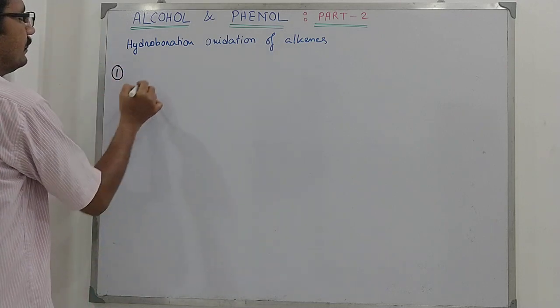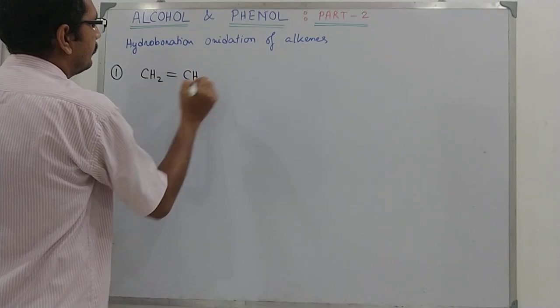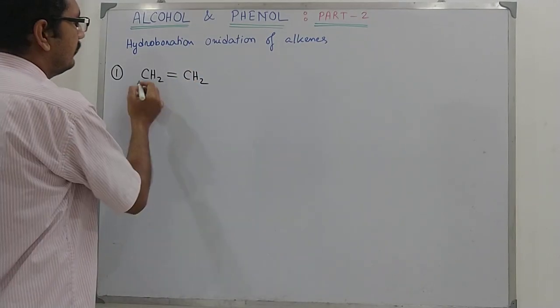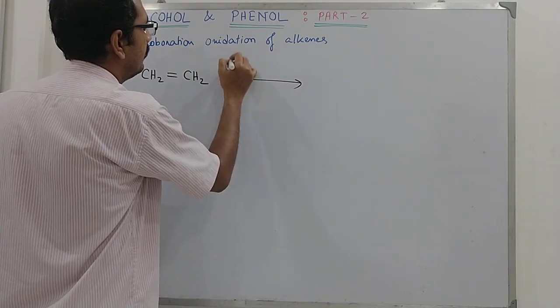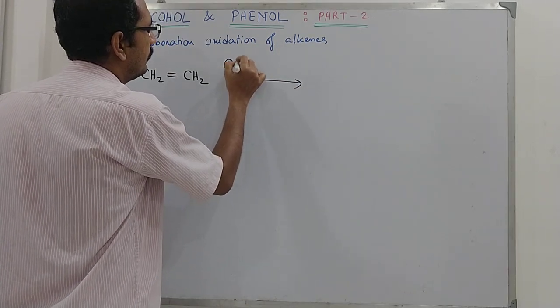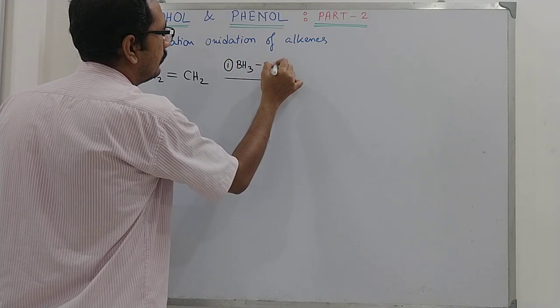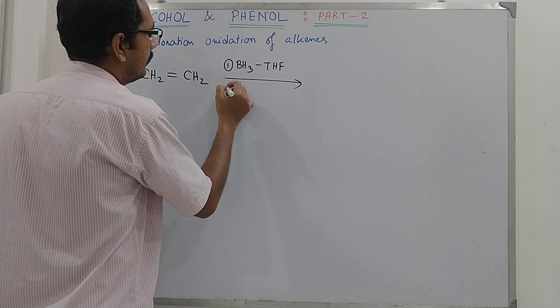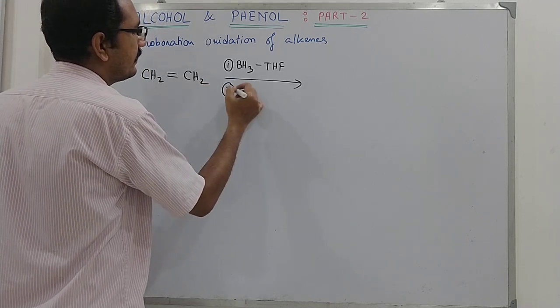Now first I will start with a very simple alkene, or the simplest alkene, that is ethene. Actually, this is a two-step hydration reaction.